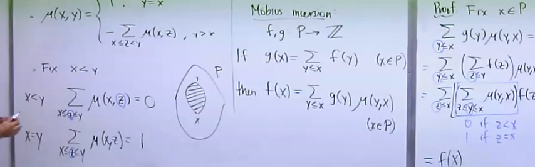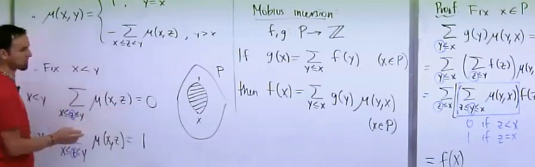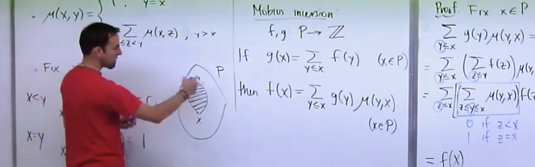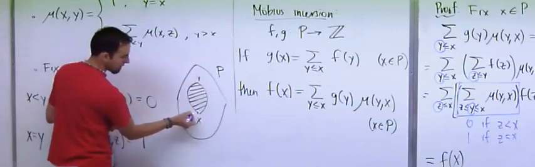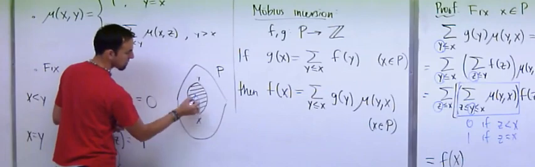So I cheated. In this one, the something is the lower bound of our thing we're summing over, and there it's the upper bound. Remember that the way that I described this is that you look at the poset, you fix x, you fix y, and now for each z over here, you add up the Mobius function of x comma z.